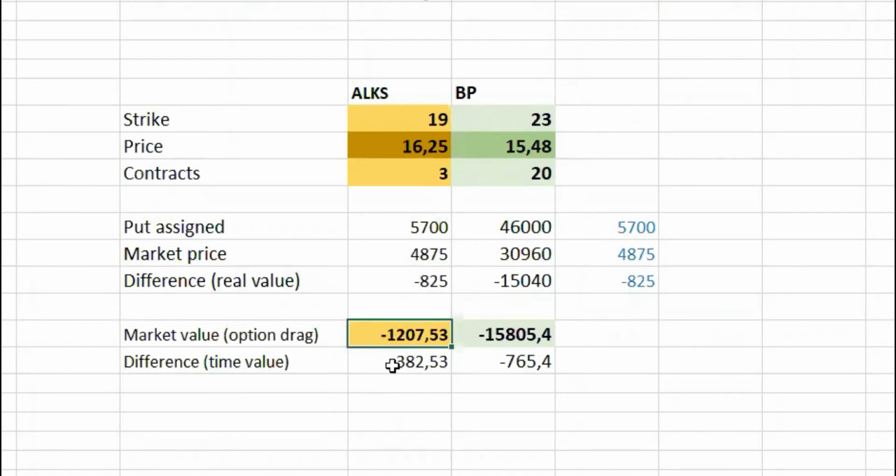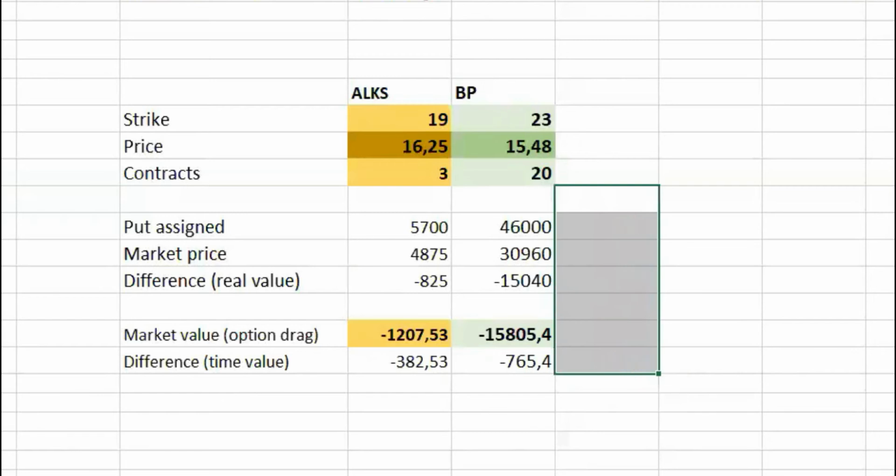The difference between this 825 and the actual option drag, which is the market value, is this 382. If this is the real value of the options, the rest, what would that be? The time value. Let's do the calculation here so that you can see that one minus the other gives us this one. This amount minus the real value is time value.